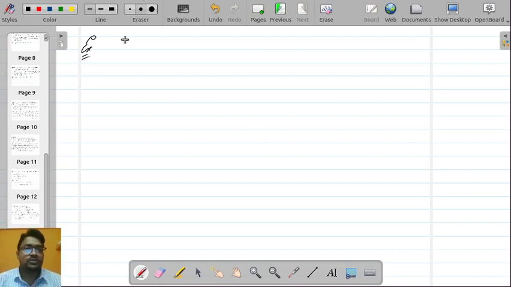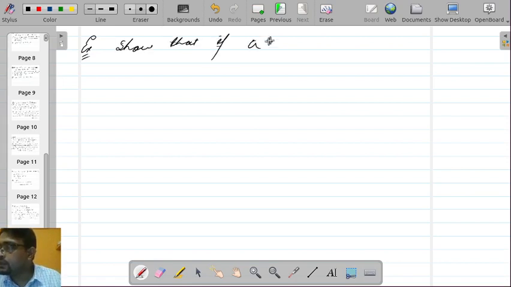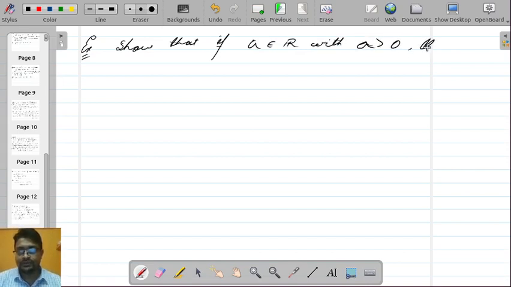Okay, so show that if a belongs to R with a greater than 0, a positive, okay, then this 1 by a has to be positive. Okay, so this is also a small exercise, we can do it very simply.